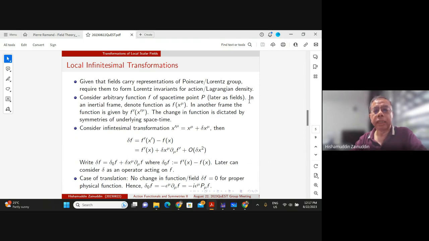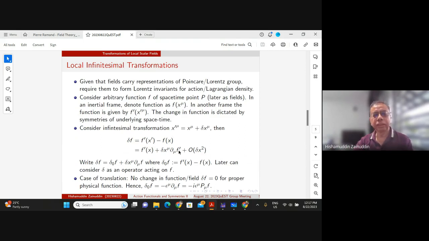In one particular inertial frame, this function f will depend on some coordinate system given by that frame, but in another frame it will be given by a different function, depending on the different coordinates. One would be interested to understand how the change of this function is dictated by the symmetries of the underlying spacetime.